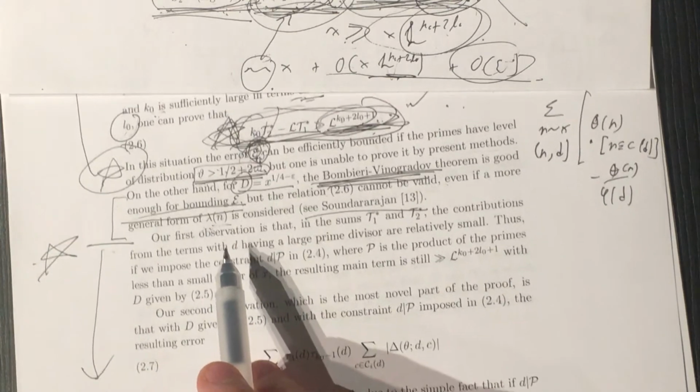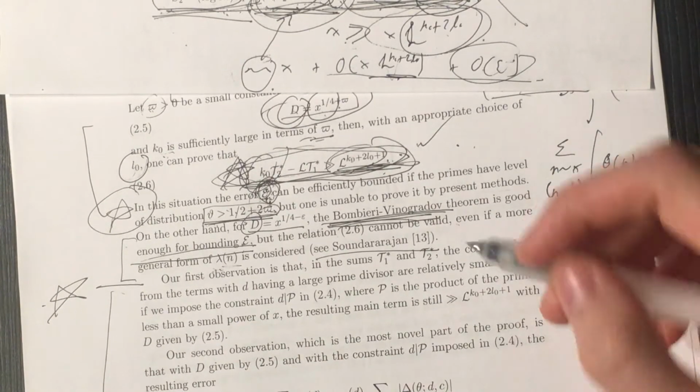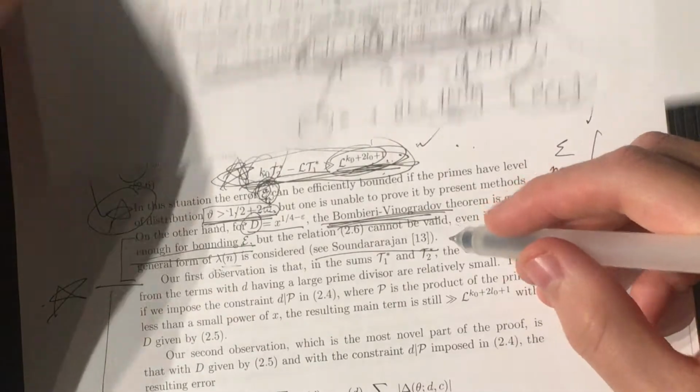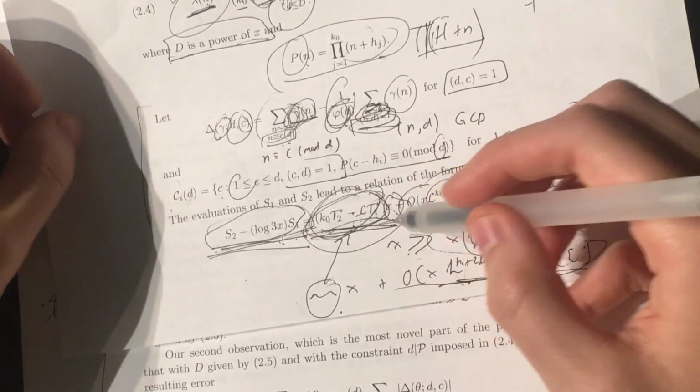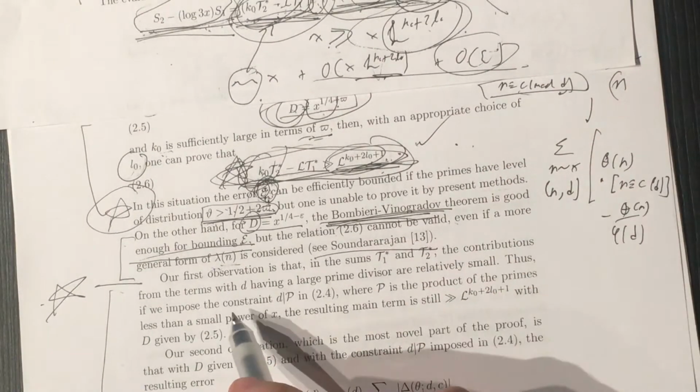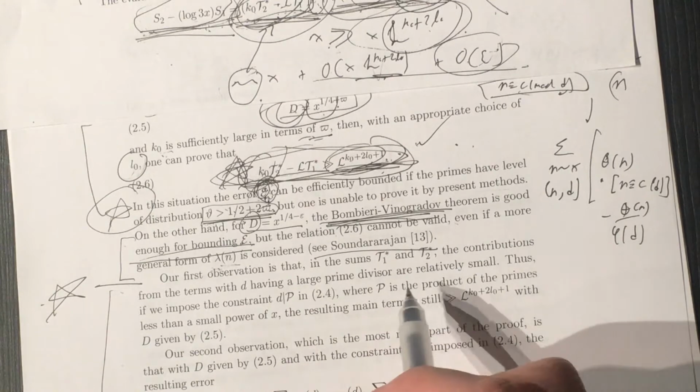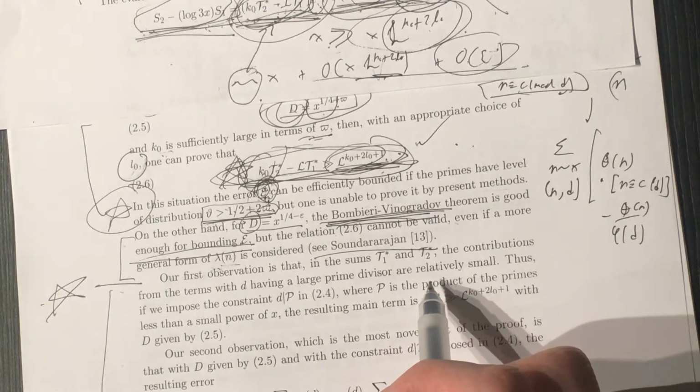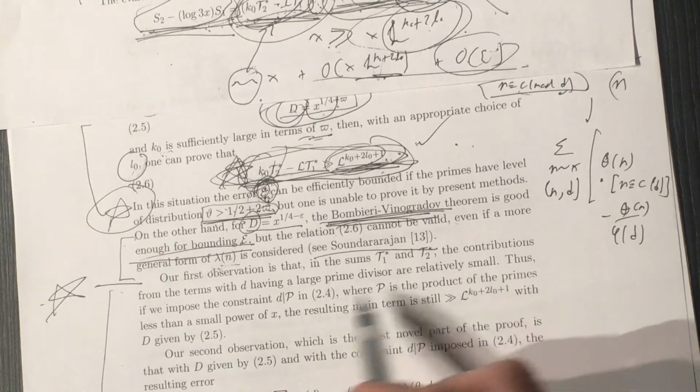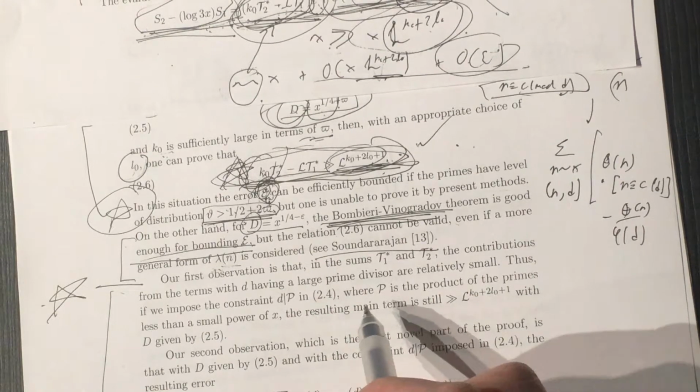So the first observation is that in these sums, T1 star and T2 star, by which he means the stuff in these two coefficients here, contributions from the terms with a large prime divisor are relatively small. Why is this? Impose the constraint, so 2.4.